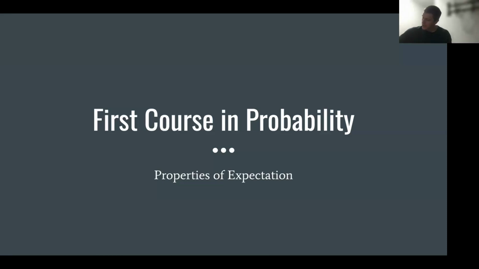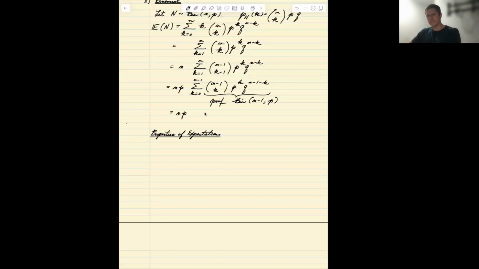And expectation is one of the fundamental quantities that we deal with in probability. And so it's going to be very powerful to have some tools at our disposal for doing these calculations by observing some properties of the expectation.